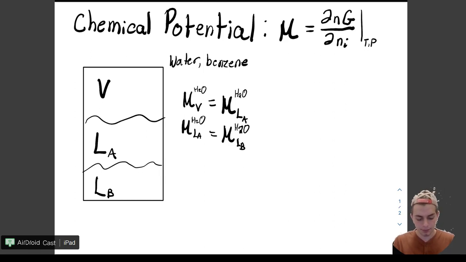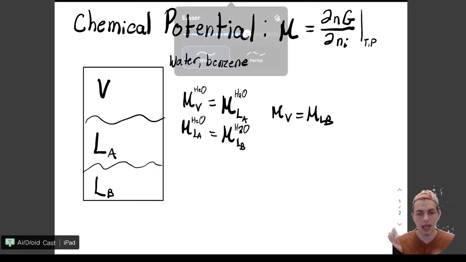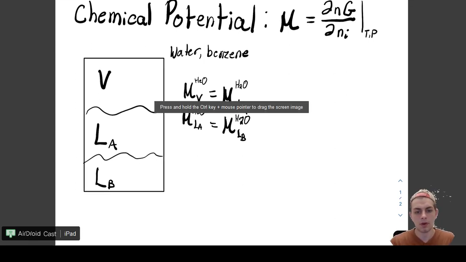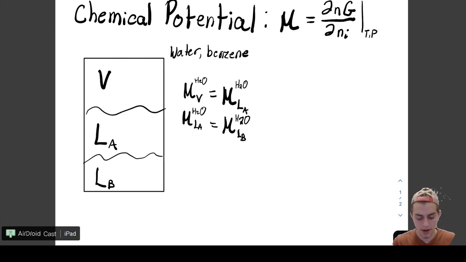So, from here, we've already derived two equations. Now, you may note that you could also write the equation mu V is equal to mu LB. However, this is going to be redundant, and that's not going to count as one of the equations in our degree of freedom analysis. We know this will be true for every component that we decide to throw into this equilibrium system.